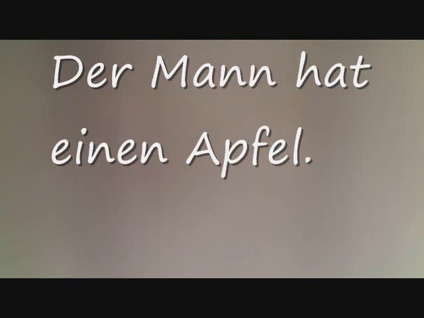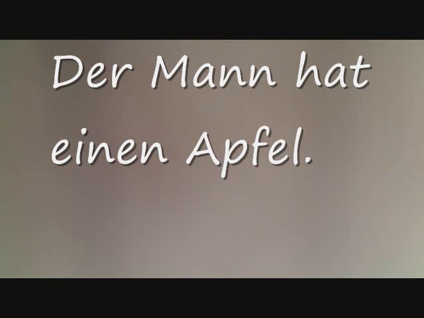Let me find them here. I have some down. Okay, so the first one we're going to look at is the man has an apple. Der Mann hat einen Apfel. Okay, so we ask ourselves, what is the verb? The verb is hat, okay, which means have, and we have to ask ourselves, what is the action being done to?